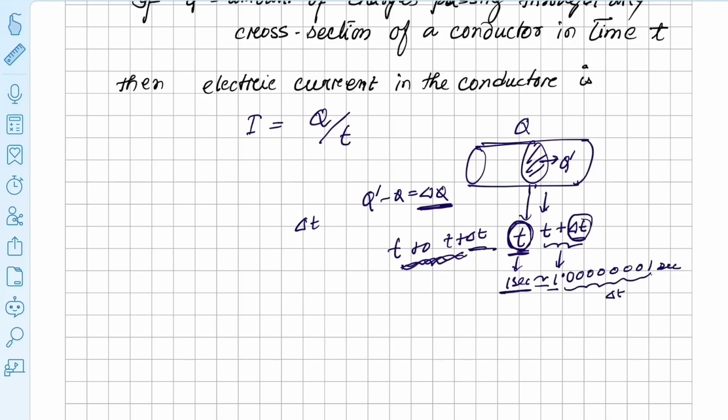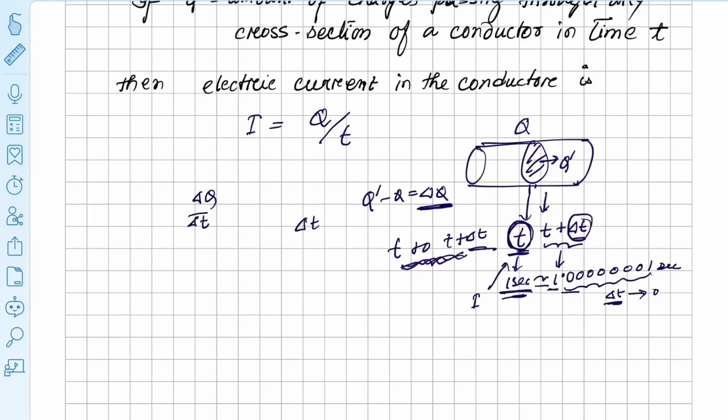If we take the charge del q that flows through this cross section between these two times, and this del t tends to 0, very small, then dividing del q by the time interval del t, we will get the current at t.